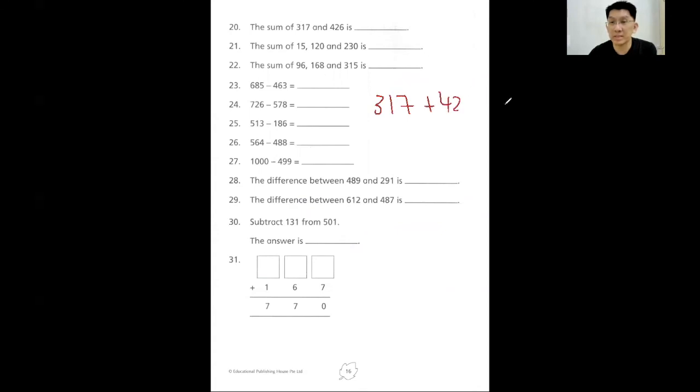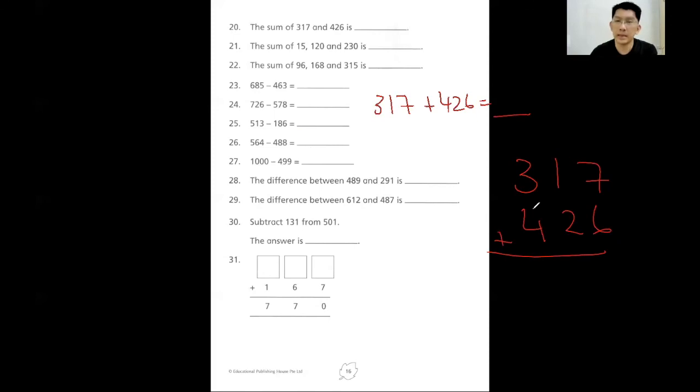If you know that this is what they're asking for, we can write it down like this. 426, plus, the sum plus.